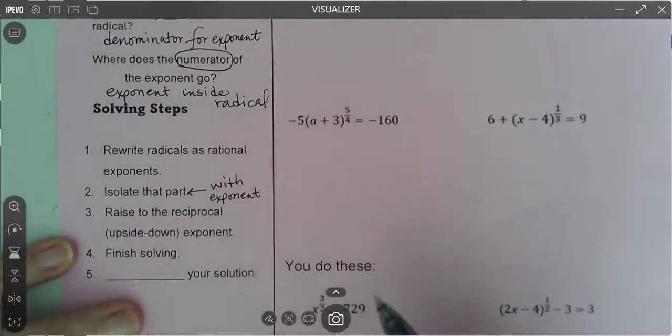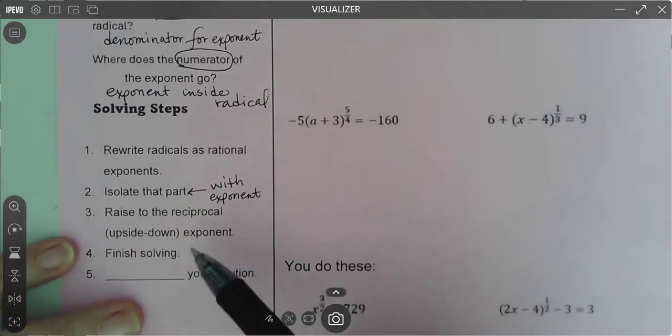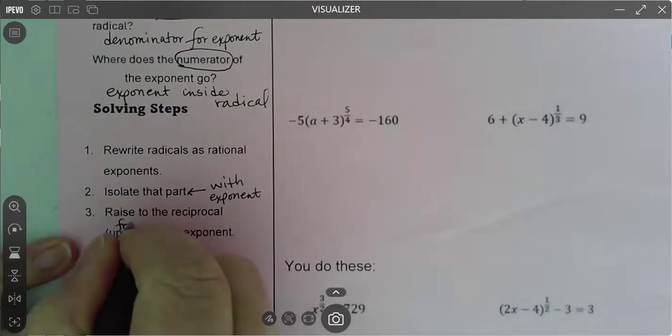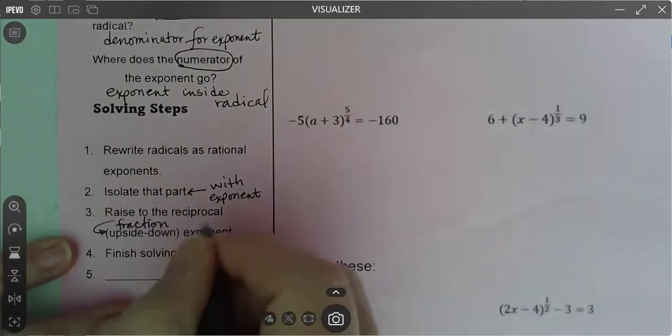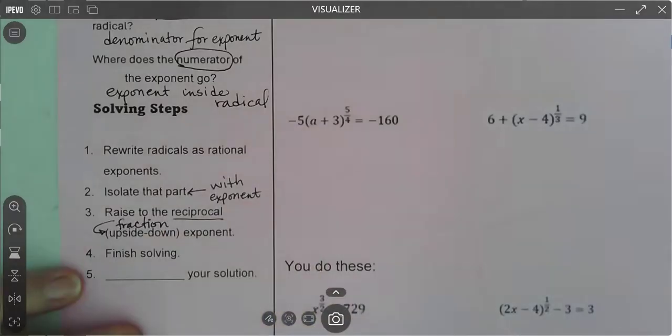And then to remove the exponent, we need to raise to the reciprocal power. Reciprocal means your fraction is upside down. And then finish solving for the variable.